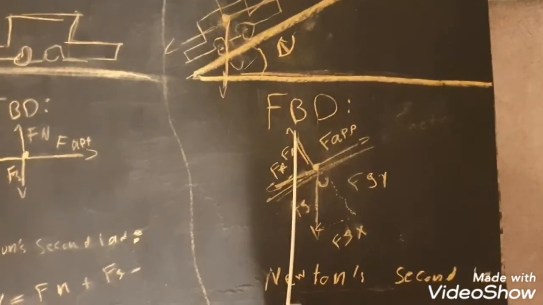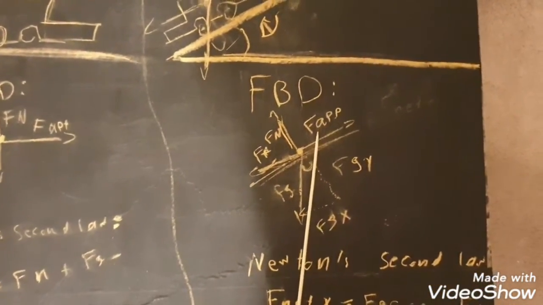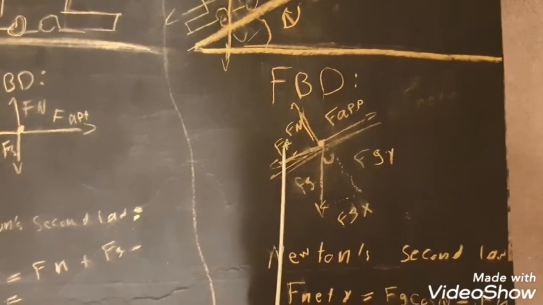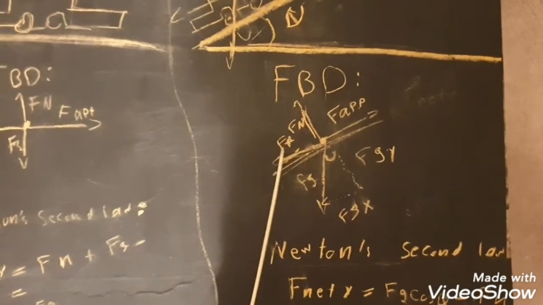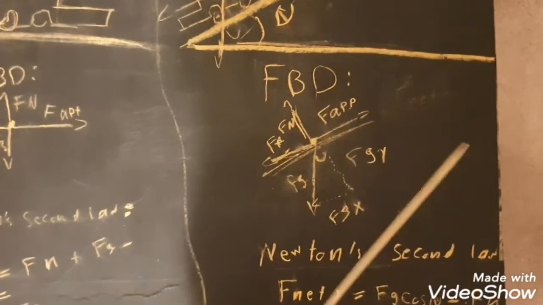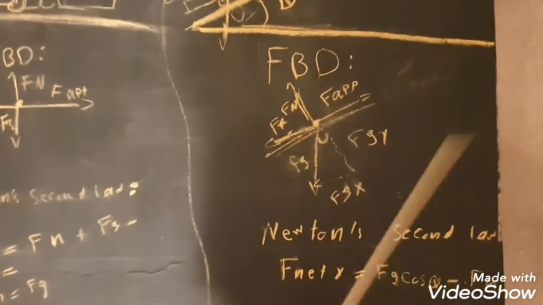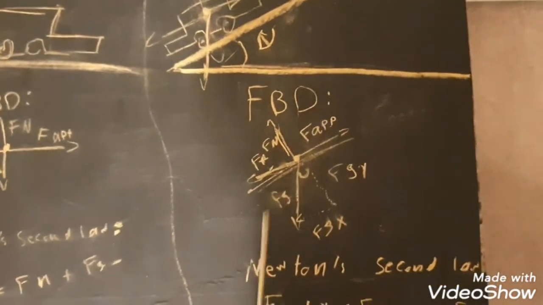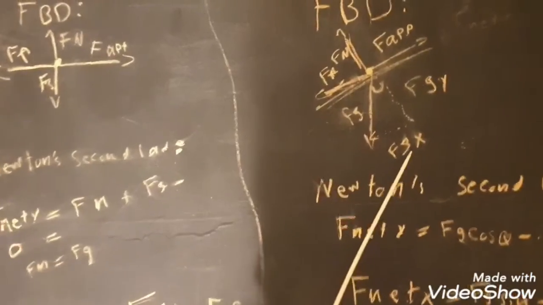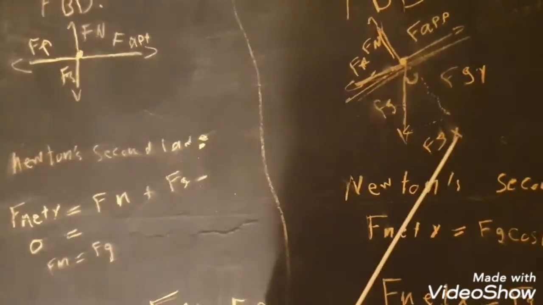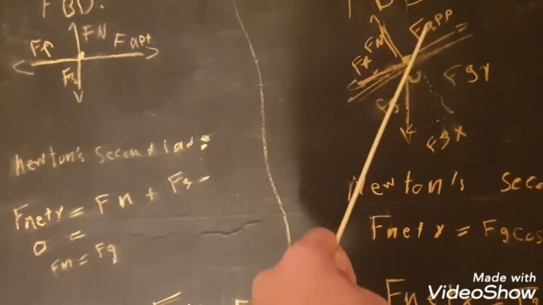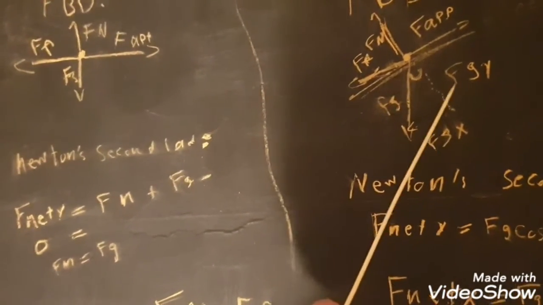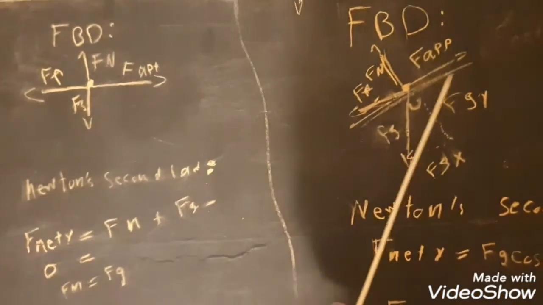The force diagram includes the applied force, the normal force, the friction force, and the force of gravity. The only difference from the horizontal surface is that we divide the force of gravity into two components, where the force of gravity in the x direction resists the applied force, and the force of gravity in the y direction is opposite to the normal force.